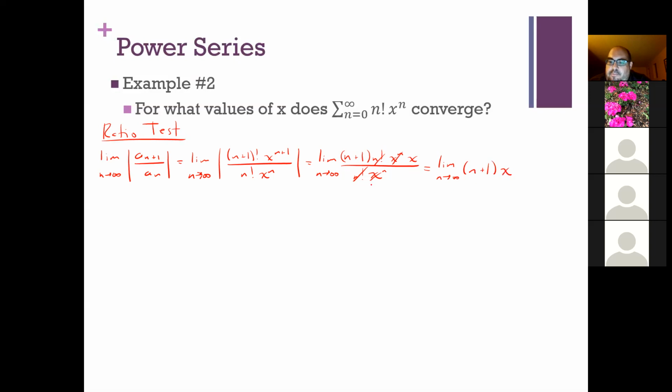Now, here's why it's valuable that I can treat x as a constant. I'm going to pull it outside the limit. I need to keep the absolute value right next to it, because x could be negative. For the ratio test to show me convergence, what needs to be true about this limit?